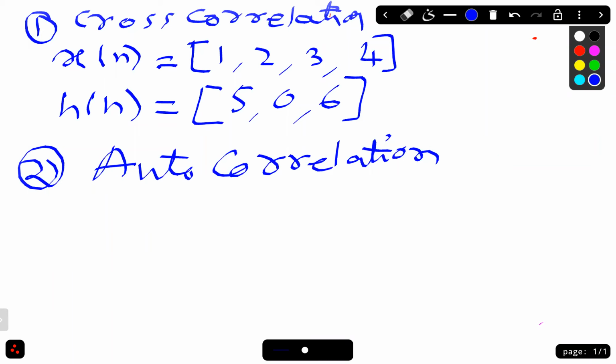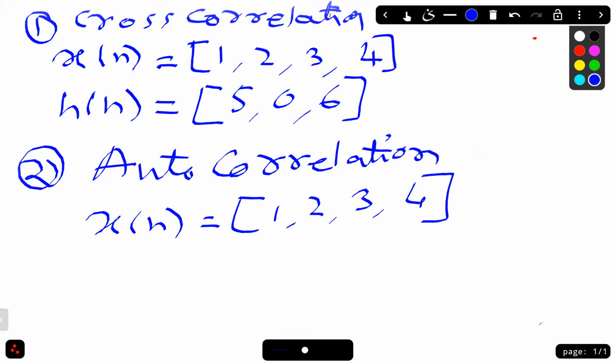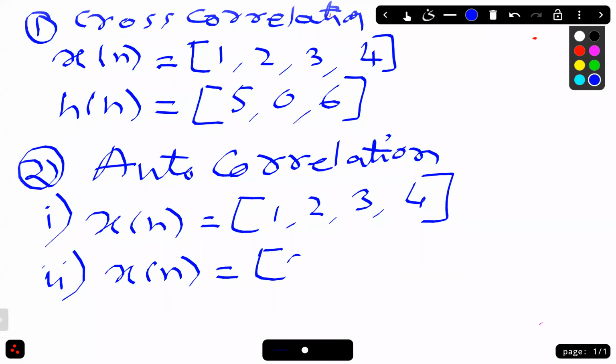X of n is equals to 1, 2, 3, 4. This is first one. And second one is, we have again x of n is equals to 2, 2, 4, 4. Right? Can you try for these examples? Yes, sir. Try. Till that time, I will take the attendance also.